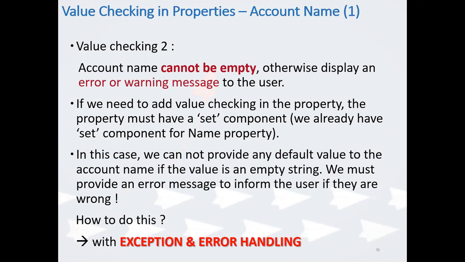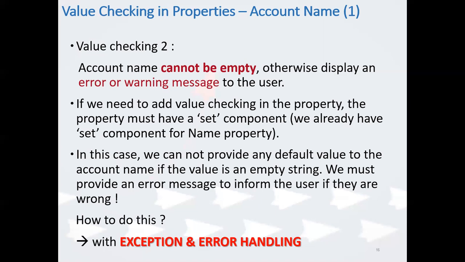So we want to check to make sure it's not empty. If it's empty, we should display an error or a warning message to the user, because there is no default for the account name in this case. For this reason, we need to add value checking to the property, and therefore the property must have a set component. We already have it, right?